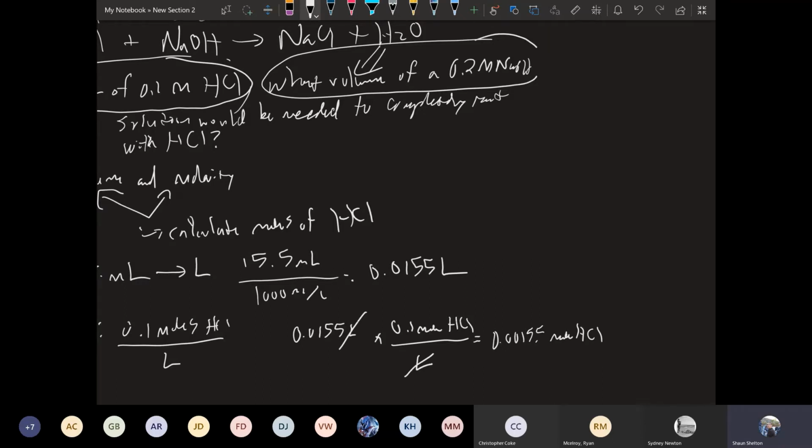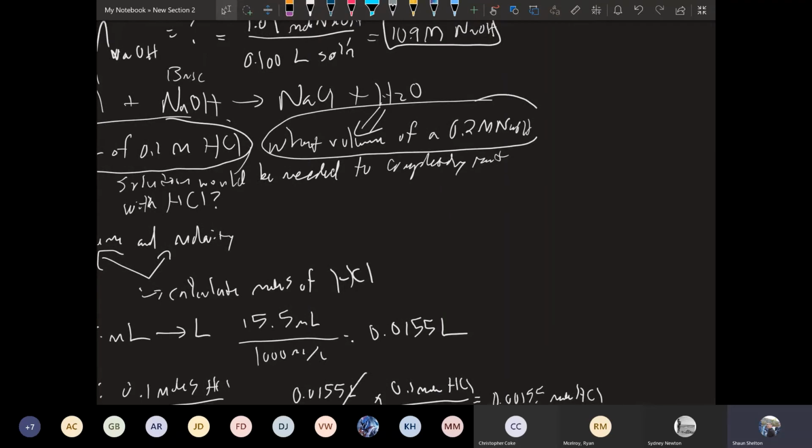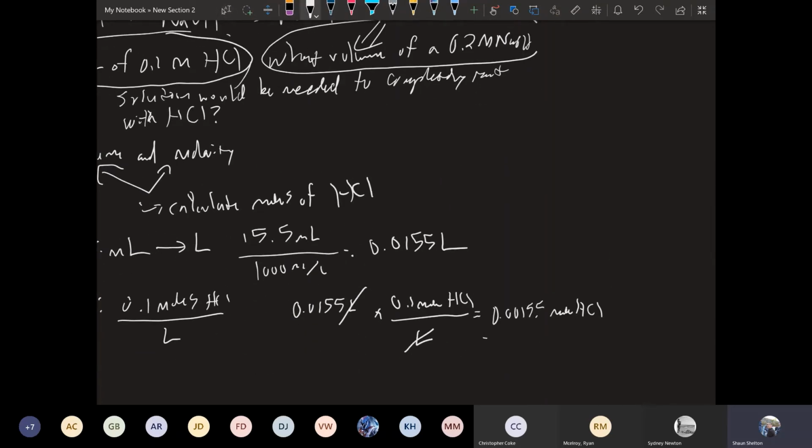And I'm going to go back up a little bit here. So write this number down, okay? That's the number we're going to start with. What our goal now is to go from moles of HCl into moles of NaOH using the mole ratio. So we're going to take the 0.00155 moles of HCl, and we're going to use the mole ratio here.